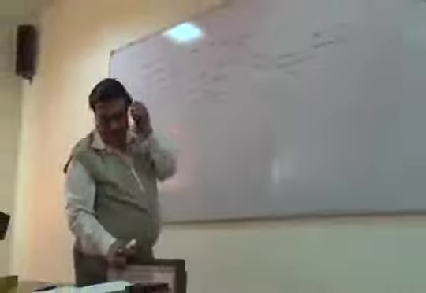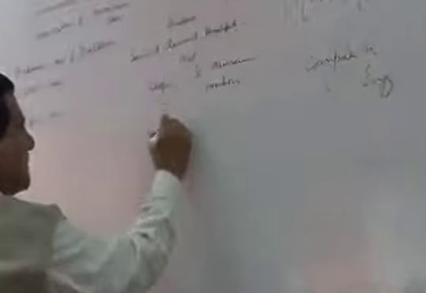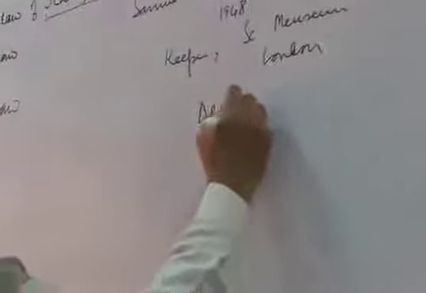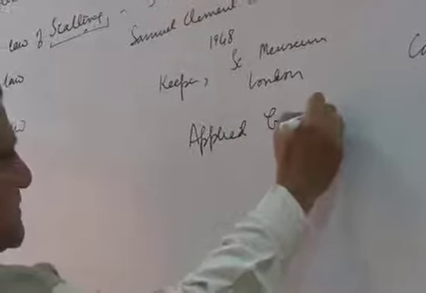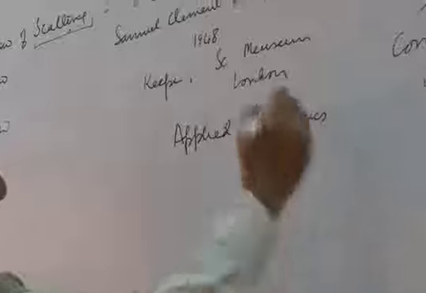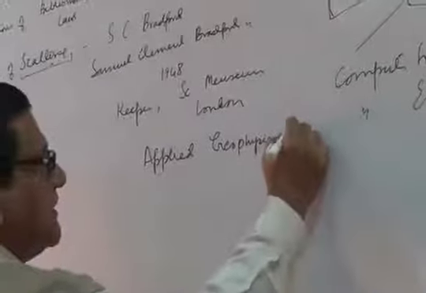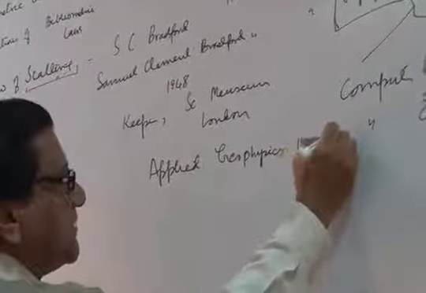One bibliography was on applied geophysics, and it covered the literature from 1928 to 31.